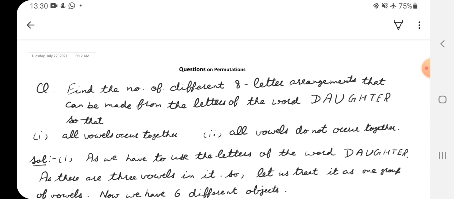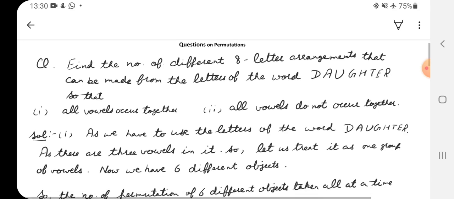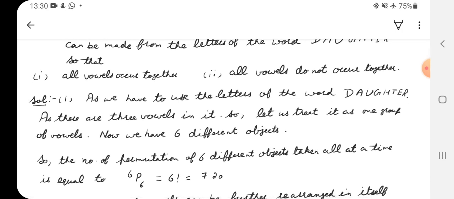So what we have to do? We have to make our words such that all the vowels occur together, but they can be in any order, right? So now what to do? As we have to use the letters of the word daughter, we will make a group of the letters which are vowels.